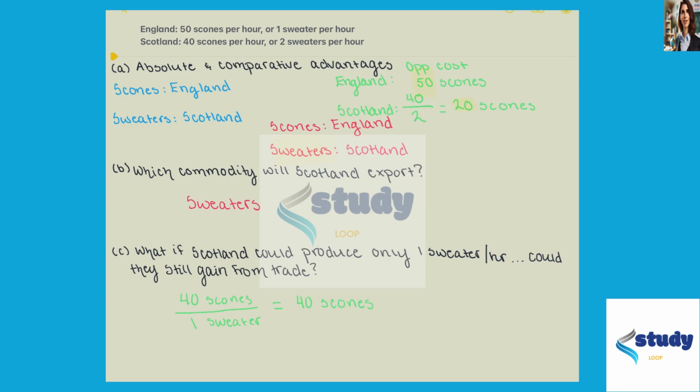And looking at this, now we can compare these opportunity costs again. Scotland now has this opportunity cost of 40 scones, which is still less than England's opportunity cost of 50 scones. So the answer to this question would be yes. Scotland could still gain from trade because they still have that comparative advantage.